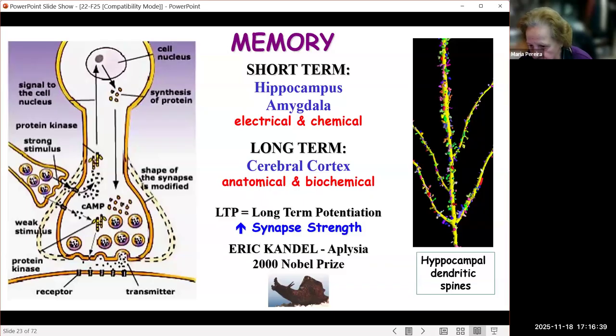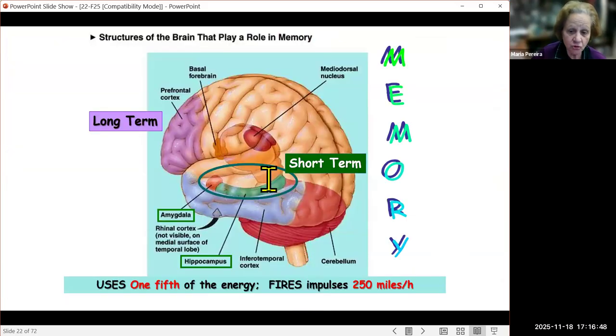Can you forget something in long-term memory? Well, in Alzheimer's, what happens is you lose short-term memory. So many patients can recognize the family, but they cannot recognize someone that they saw yesterday, for example. So they lose short-term memory. But as the process degenerates, then the long-term memory will go.